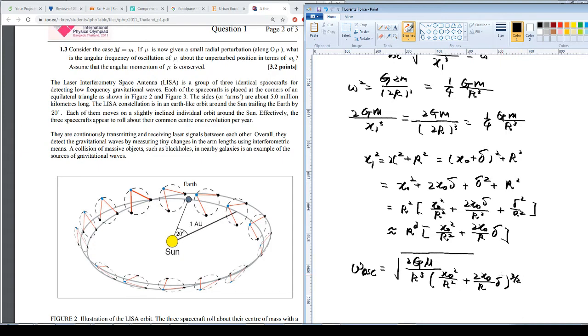Copy r squared again, and also in the above equation. Yeah. Very good.